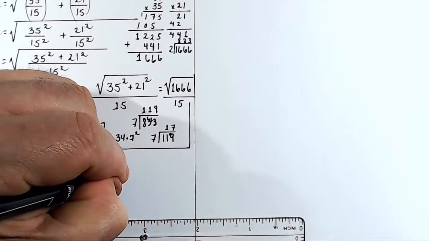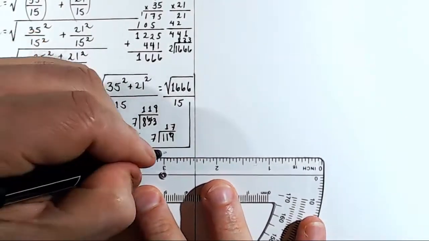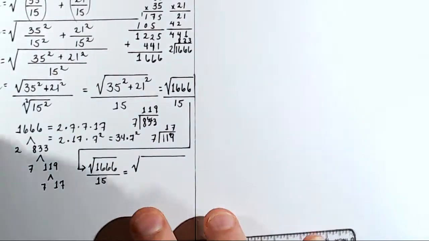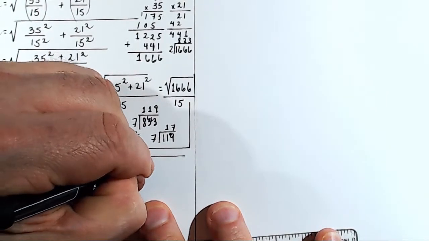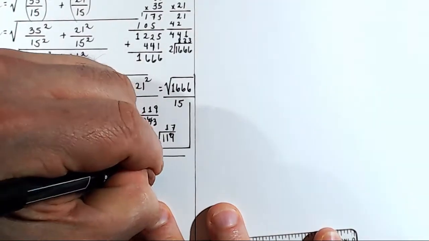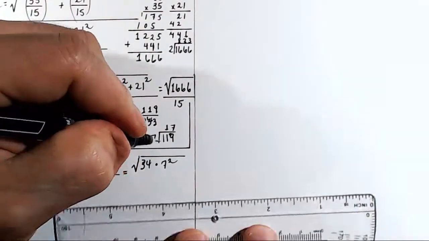And I'm going to now rewrite that as the square root of 34 times 7 squared over 15.